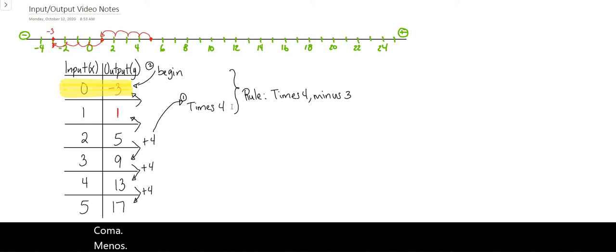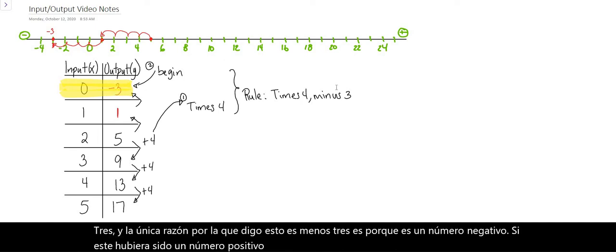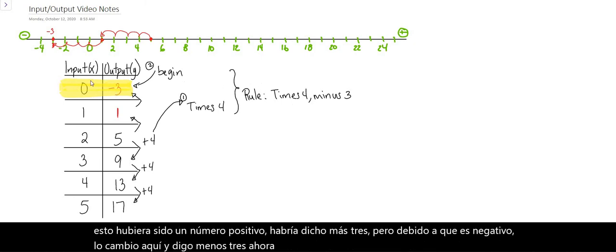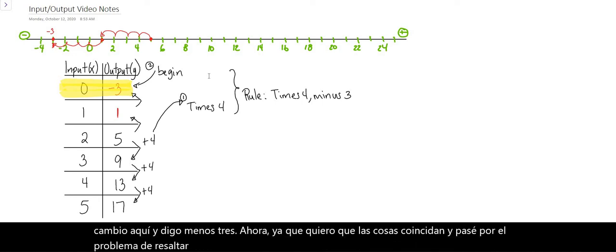And the only reason that I say this is minus 3 is because it's a negative number. If this had been a positive number, I would have said plus 3. But because it's negative, I change it over here and say minus 3. Now, since I want things to match and I went through the trouble of highlighting this section, I'll go ahead and I will highlight the -3 as well.